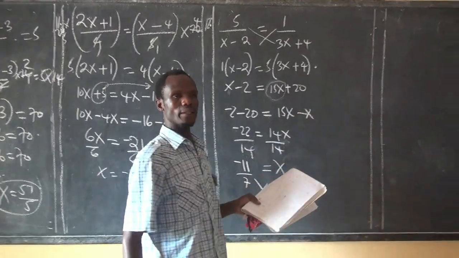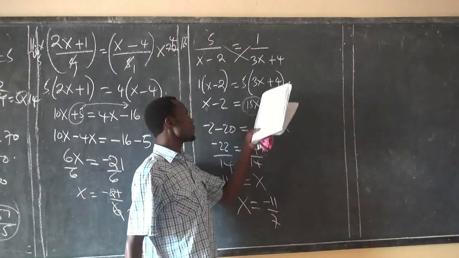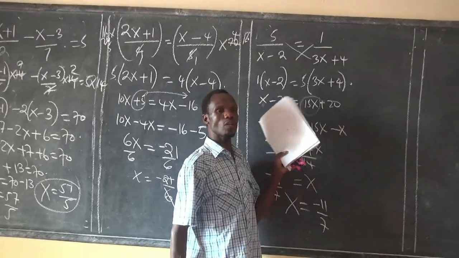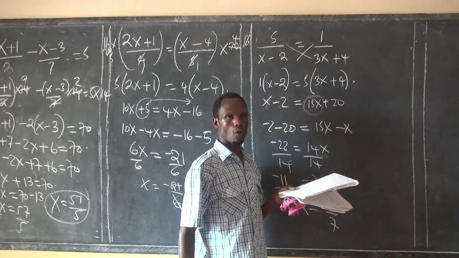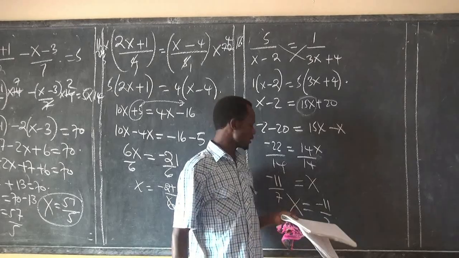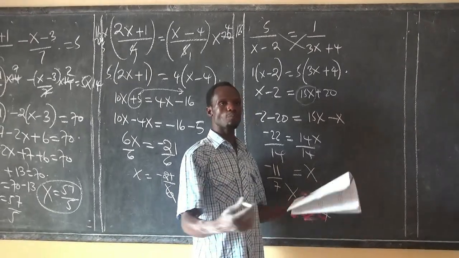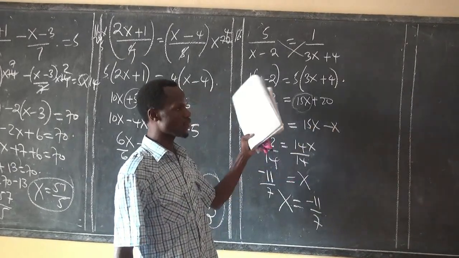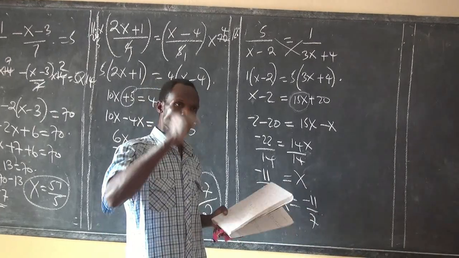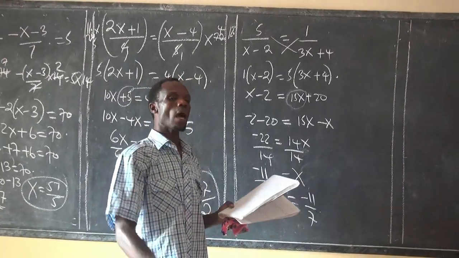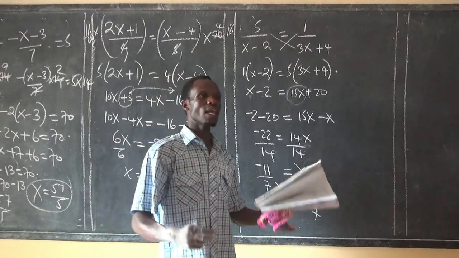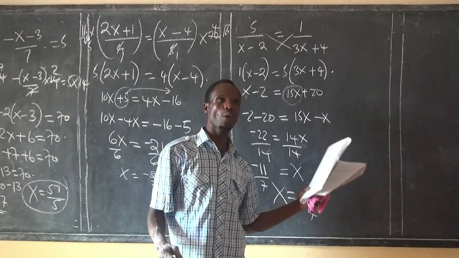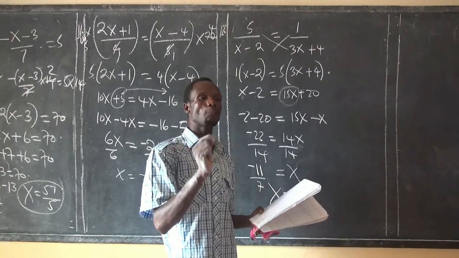So you have to understand, it is not a principle that the numbers with letters must be taken to the left hand side of the equation. It is a habit that we have developed, but it is not a principle.